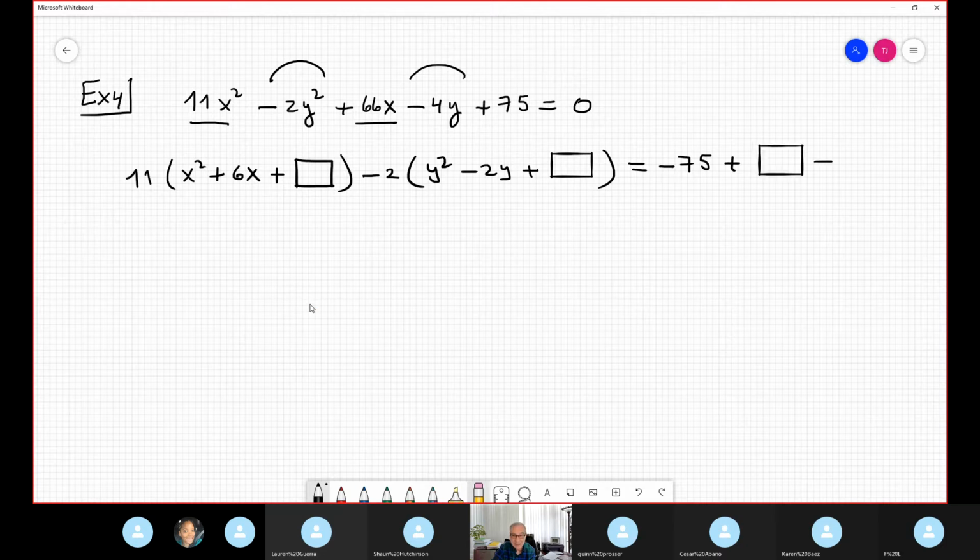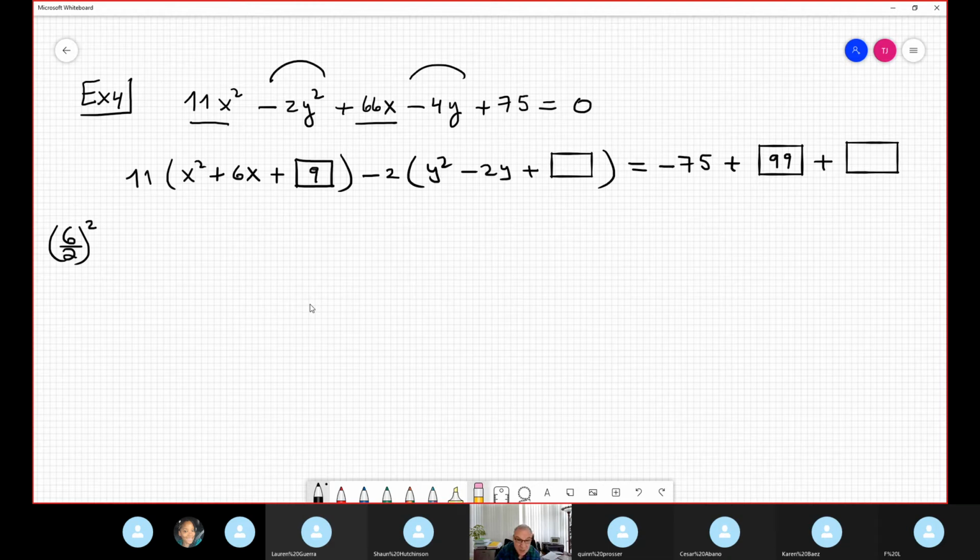Okay, not necessarily exactly the same number in the left hand side, because remember, don't forget in the left hand side we have factor 11 and factor 2. So the number inside the first box is 6 divided by 2, 3 squared is 9. This is 9 here. Cool. But actually, if you put 9 inside the balance, this 9 multiplied by 11 is 99.